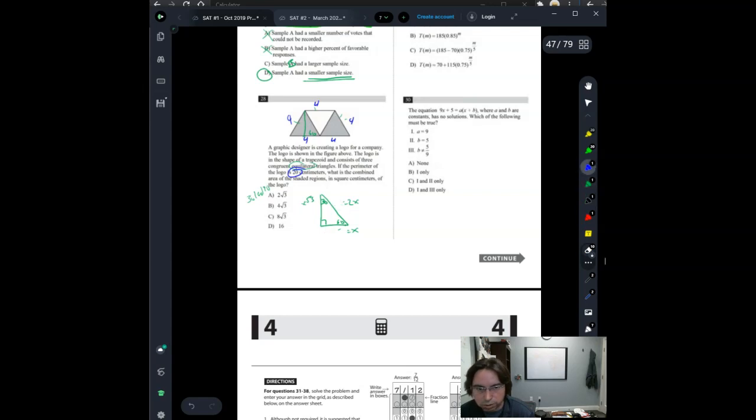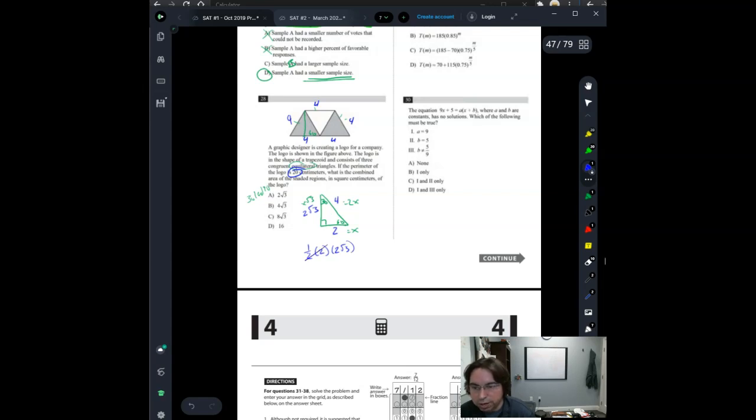So this should be 4, no, sorry. Okay, I got it wrong. The base, because we're splitting this triangle into 2, is 2. This is 4, this is 2 square root of 3. So we can find the area of this by doing 1/2 times the base, which is 2, times the height, which is 2 square root of 3, and 1/2 times 2 just eliminates.